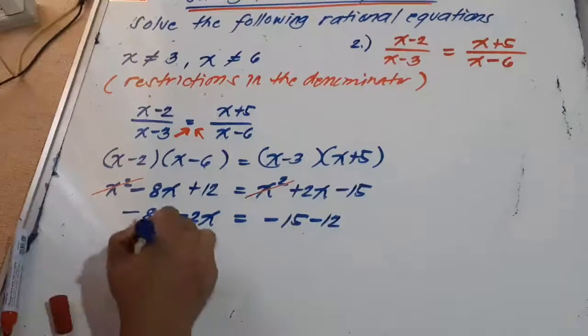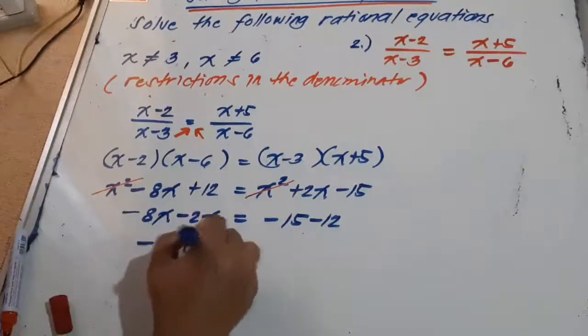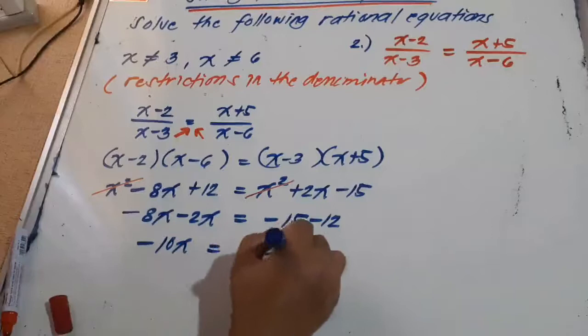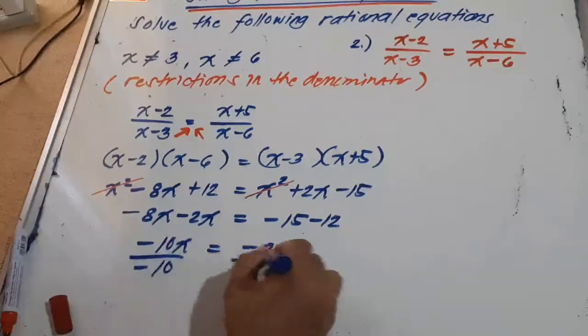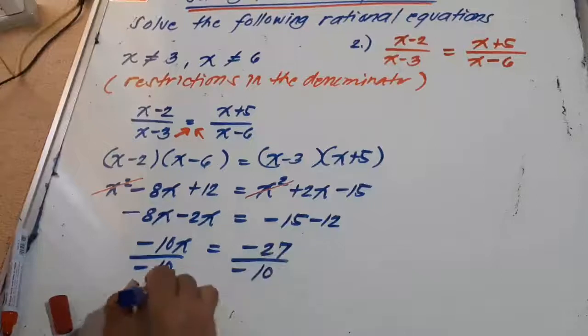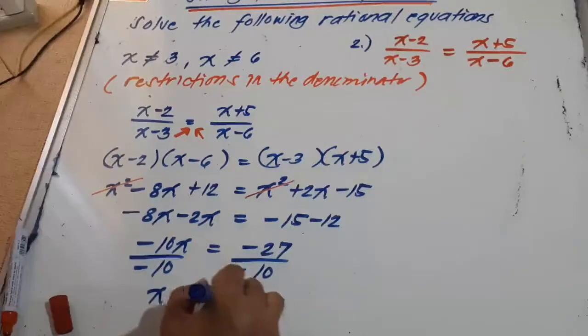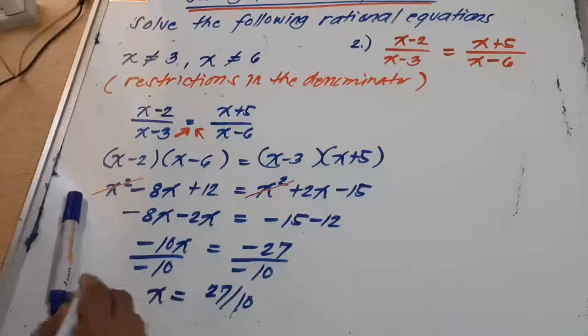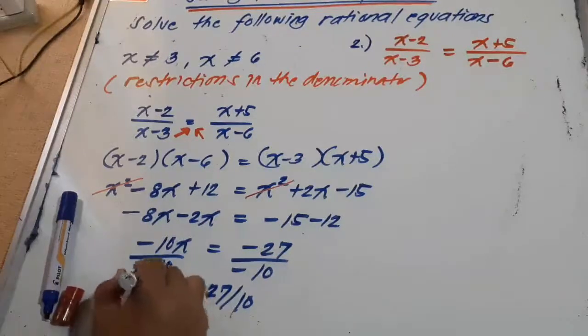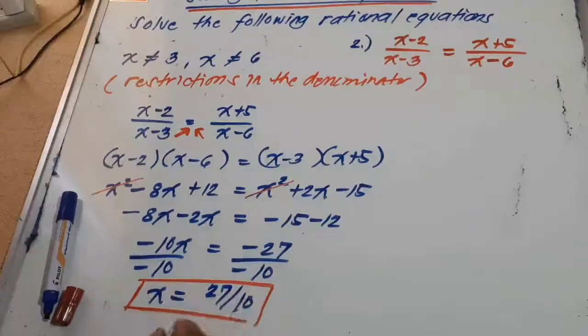Okay? So, we have negative 10x sa left side. We have negative 27 sa right side. We divide both sides by negative 10 to solve for x. Therefore, x equals 27 over 10. Okay? So, hindi na natin malo-lowest term. Walang common factor. Okay? So, that will be our answer dun sa ating number 2 na rational equation.